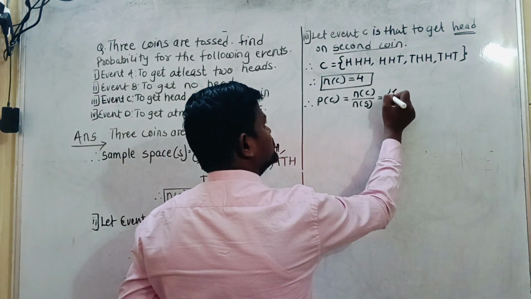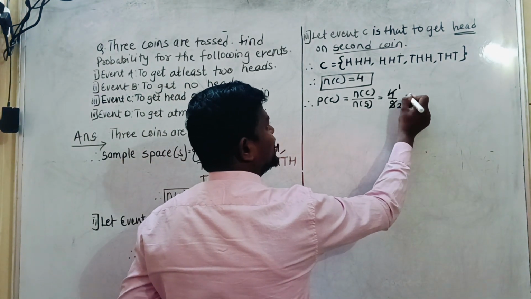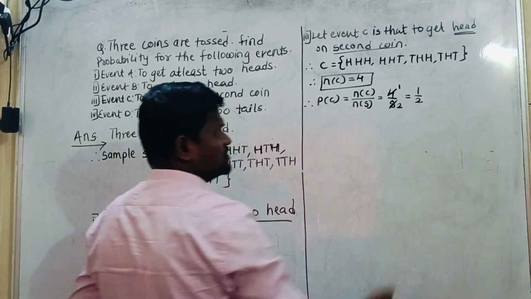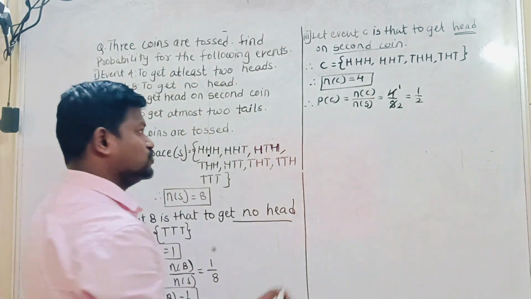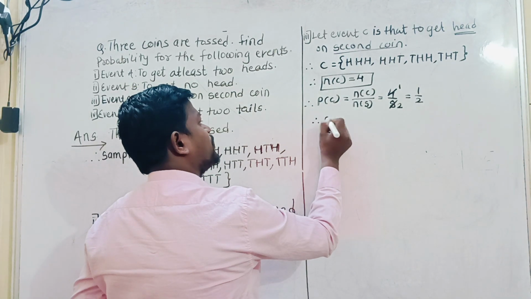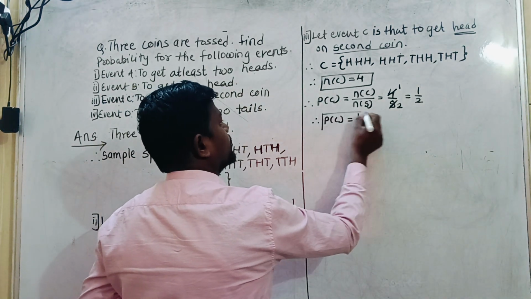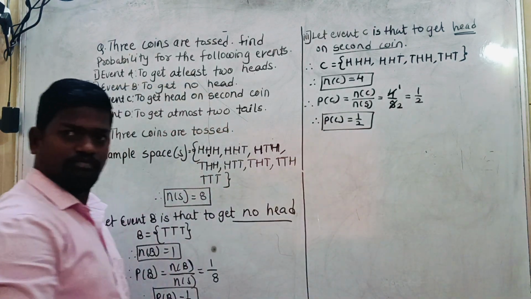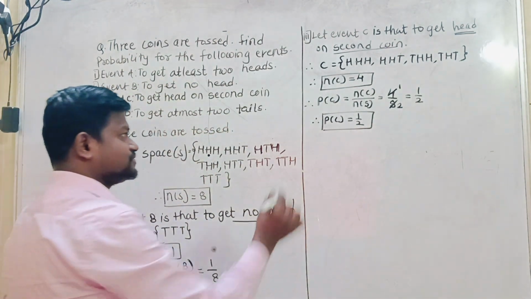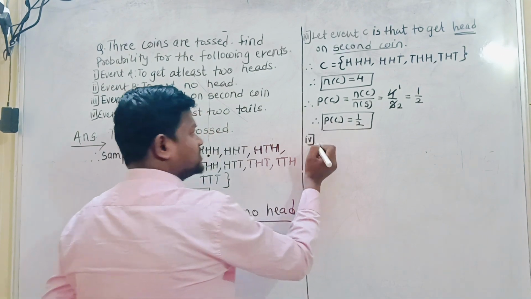Both numbers are divisible, so 4 ones are 4, 4 twos are 8. Our final answer is 1 upon 2. So the probability of C is 1 upon 2. Understood? Okay.